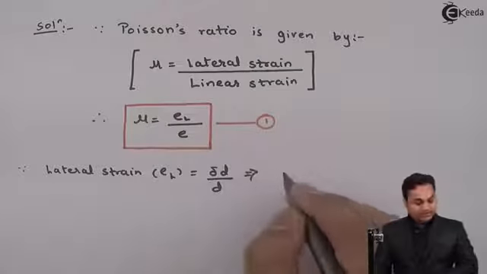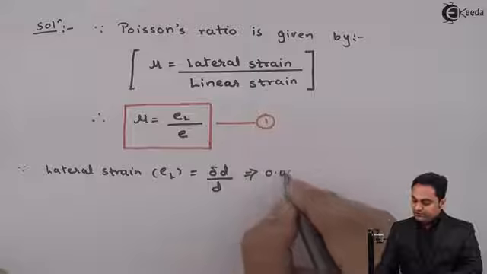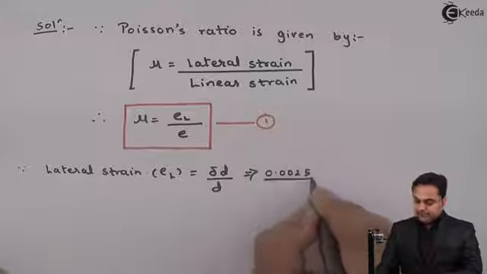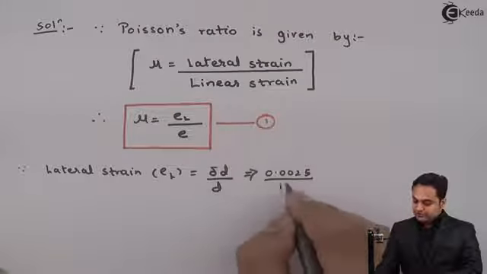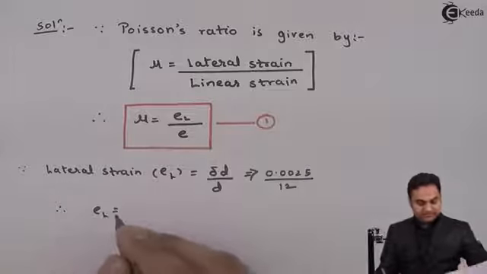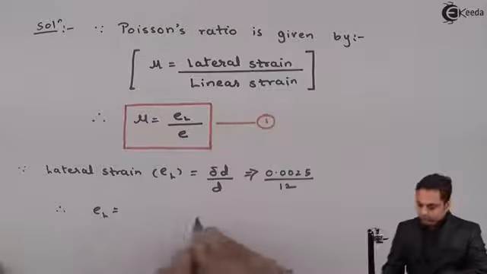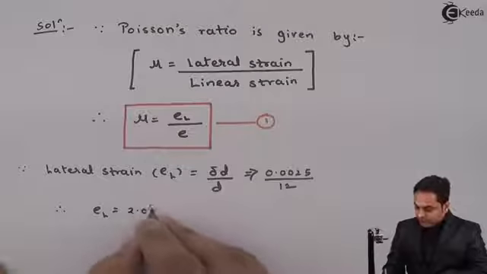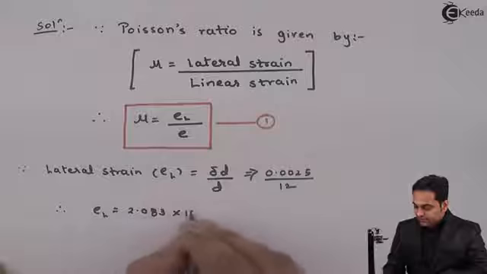Here the change in diameter is given as 0.0025 and original diameter is 12. So from this I'll first get the lateral strain, and my answer is 2.083 into 10 raised to minus 4.